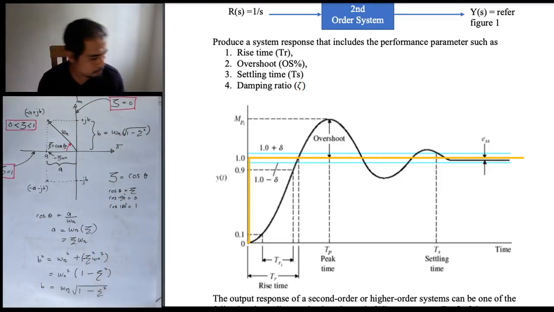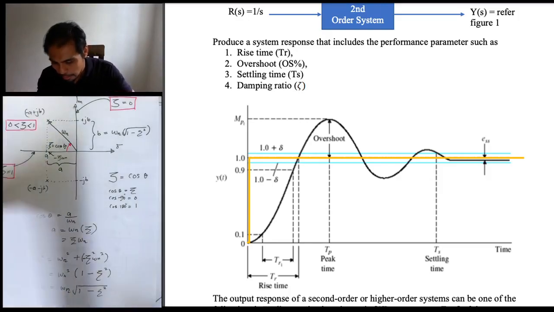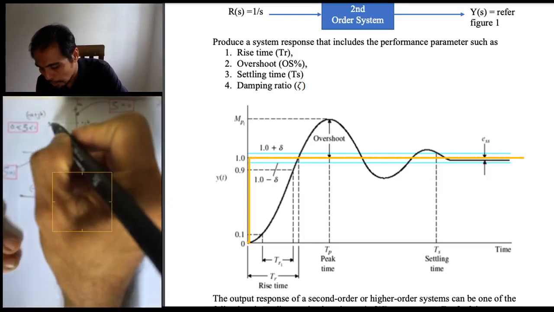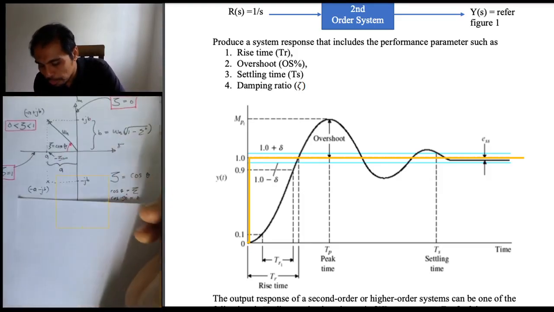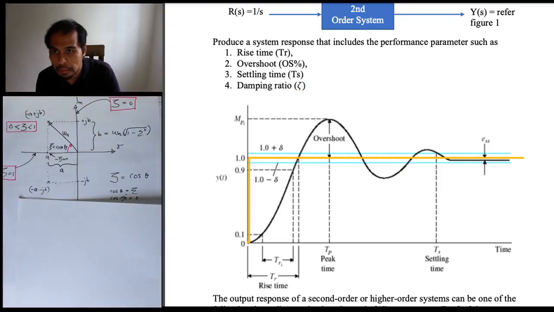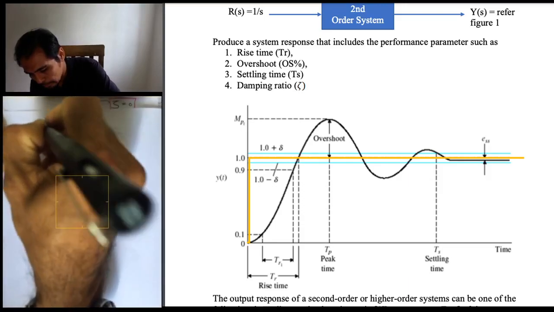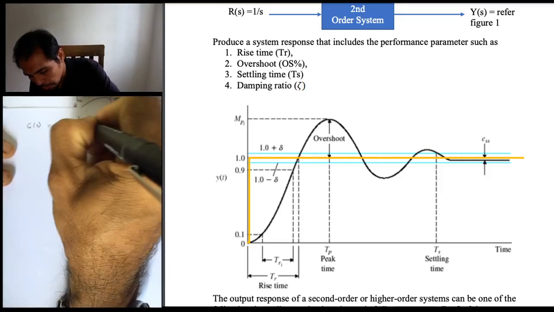So now we know that A and B, that means whatever roots we obtain from the transfer function when we factor our characteristic equation, we will get something like this, right?